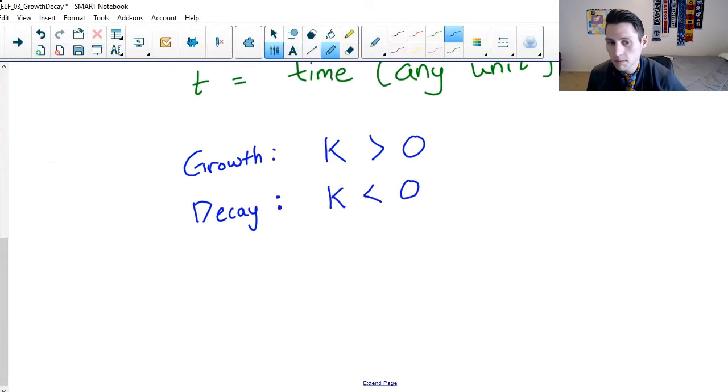So this will be something to keep in mind, because a problem might tell us a decay rate, so we need to know in our equation that should be negative. Right? So just keep that in mind. That's how we'll know if we're looking at an equation, if it's growing or decaying.